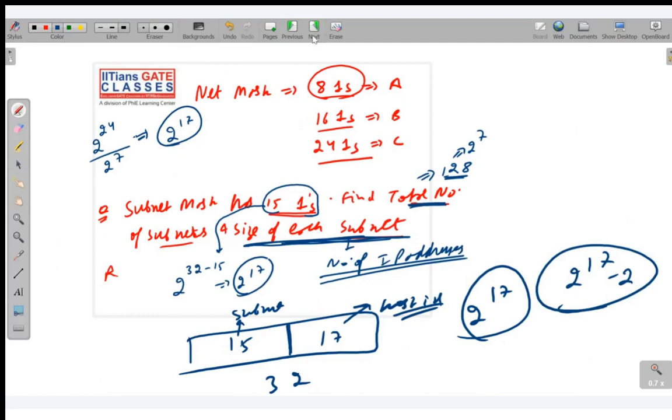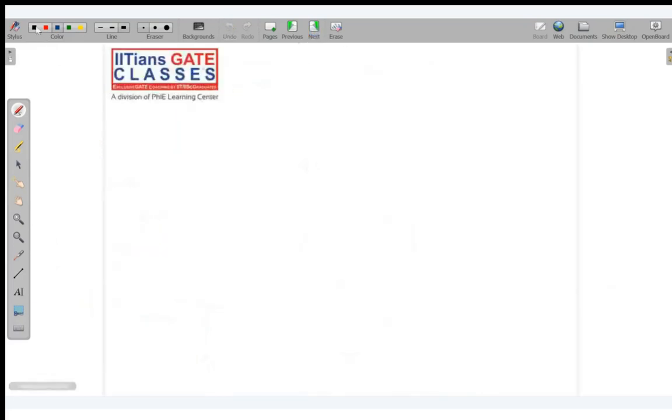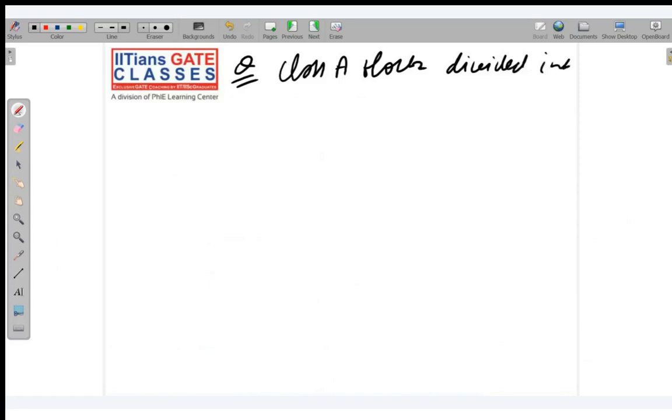So now let me jump to the next slide. Take the snapshot. Okay, and one more point I want to cover here. That point is related to DBA, direct broadcast address, and net ID. So they can ask like this also. The question is: they will say a class A block is divided into 4 subnets.